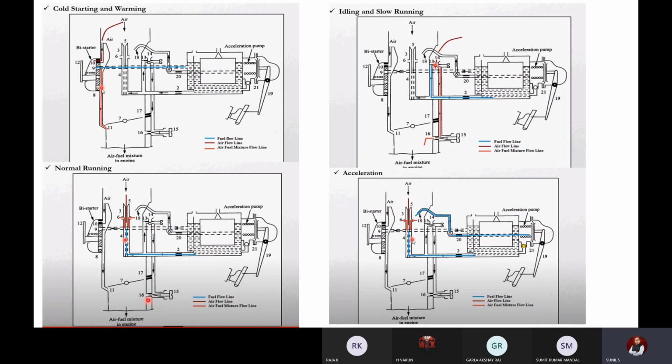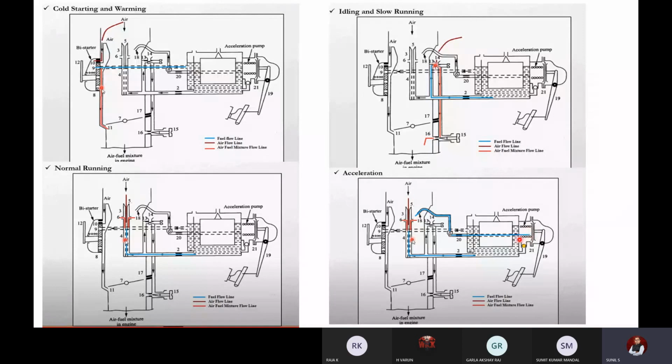Suppose you want the vehicle to run at very high speeds in a power mode, it requires a very rich mixture. So how to obtain that rich mixture? Under such conditions, you accelerate the vehicle more, you press the pedal. When this pedal is completely pressed, what happens? This lever will pump.